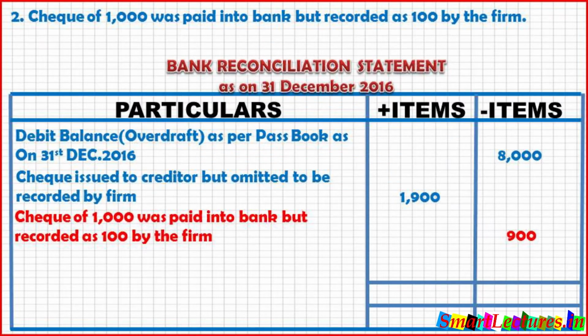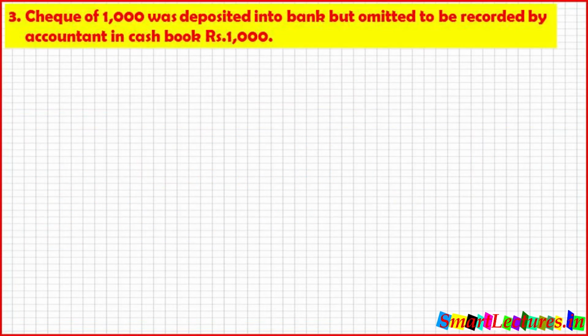So come to the bank reconciliation statement. Check of 1,000 was paid into bank but recorded as 100 by the firm, and 900 on minus side. Number 3. Check of 1,000 was deposited into bank but omitted to be recorded by accountant in the cash book.